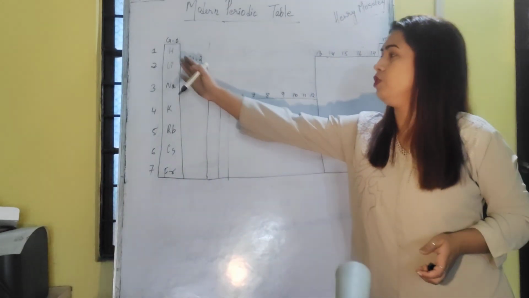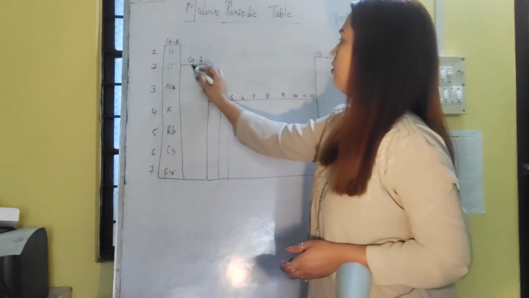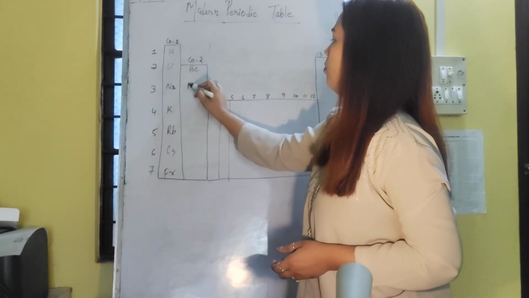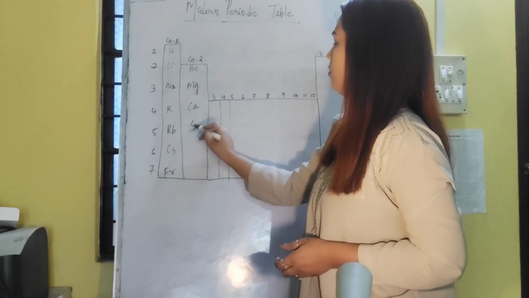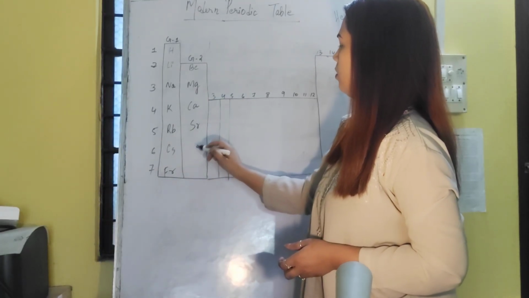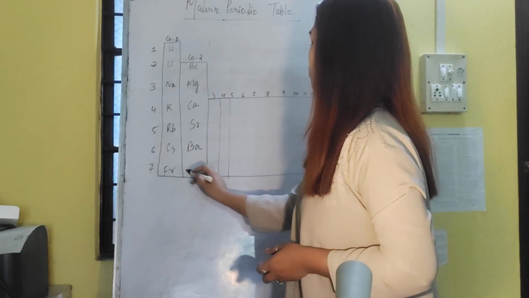These were the elements which were present in group 1. The elements of group 2 are beryllium, magnesium, calcium, strontium, barium and so on.